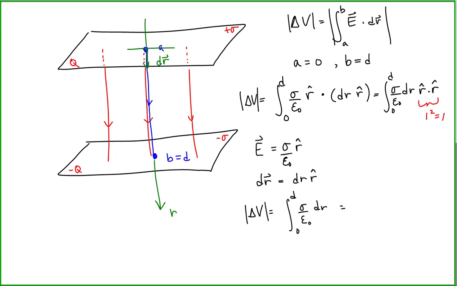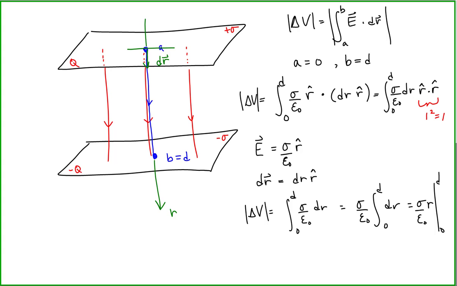Well, sigma over epsilon naught is a constant, and we have the integral from 0 to d of dr. When we integrate this, this is sigma over epsilon naught r, evaluated from 0 to d.